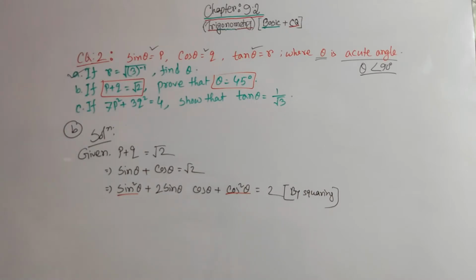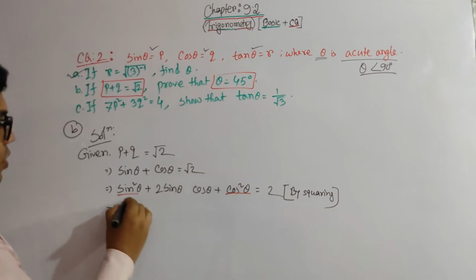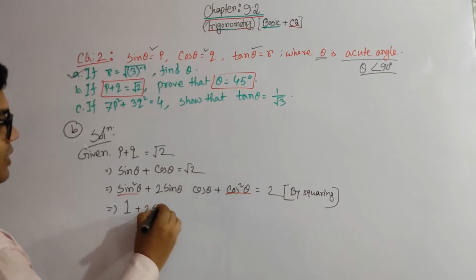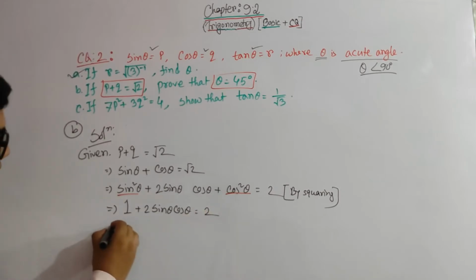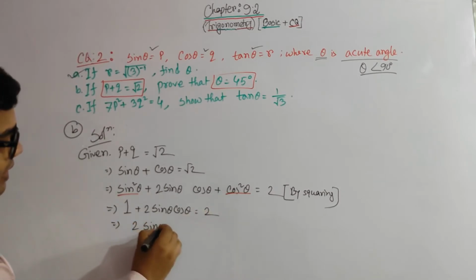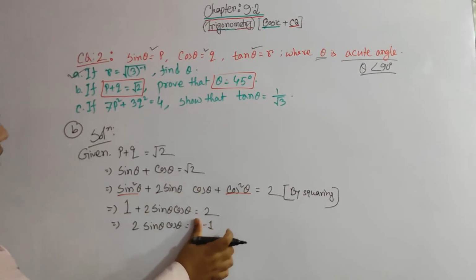Since here is sin square and cos square, sin square plus cos square equals 1, so 1 plus 2 sin theta cos theta equals 2. Now we can write 2 sin theta cos theta equals 2 minus 1, that is 1.